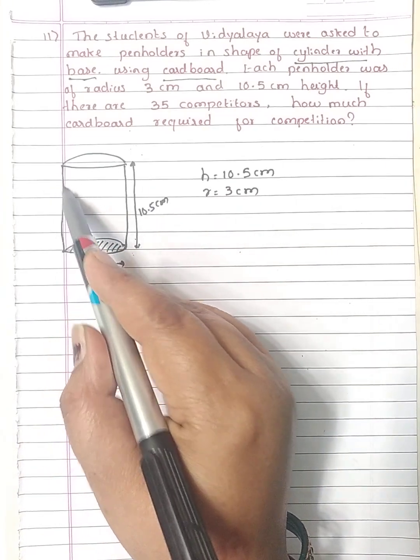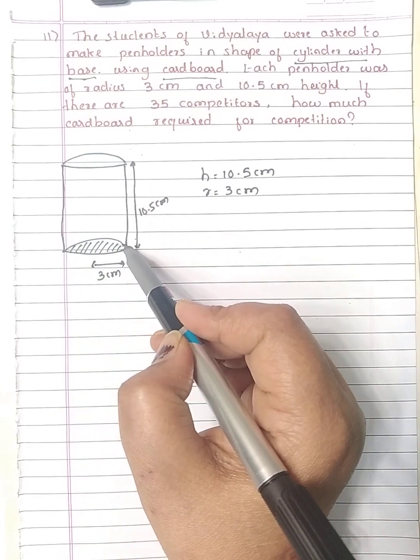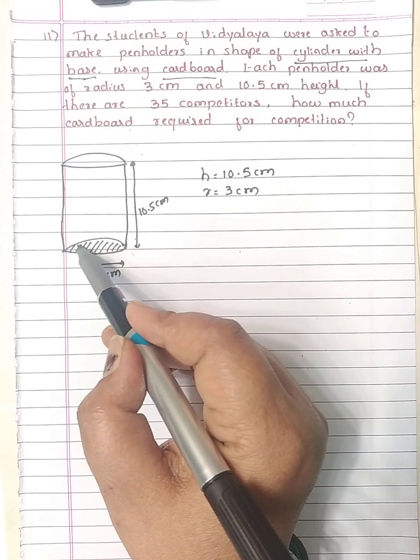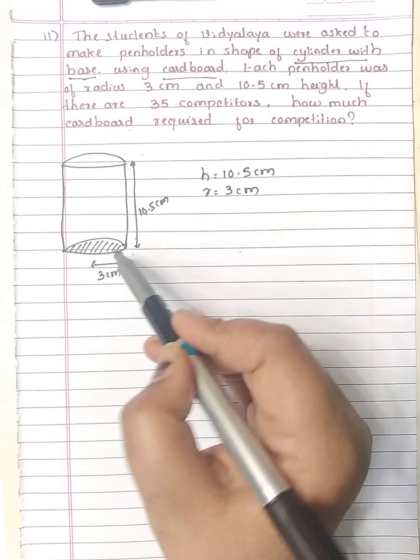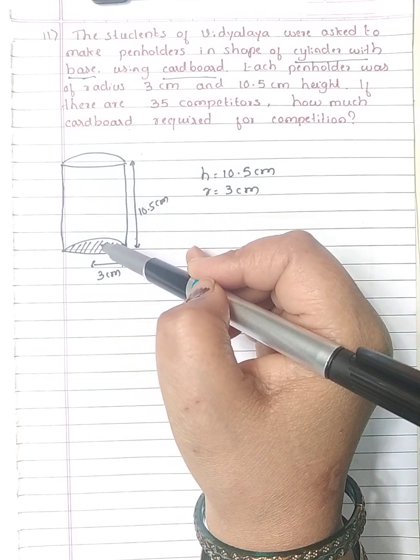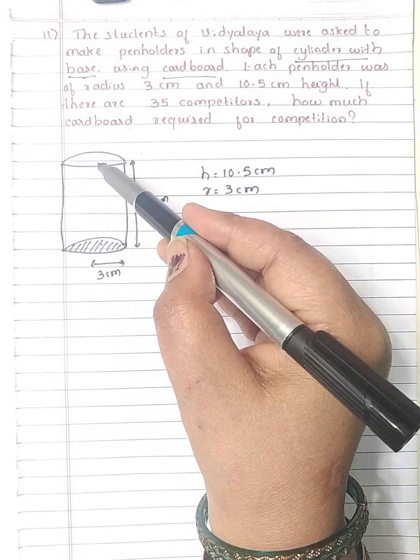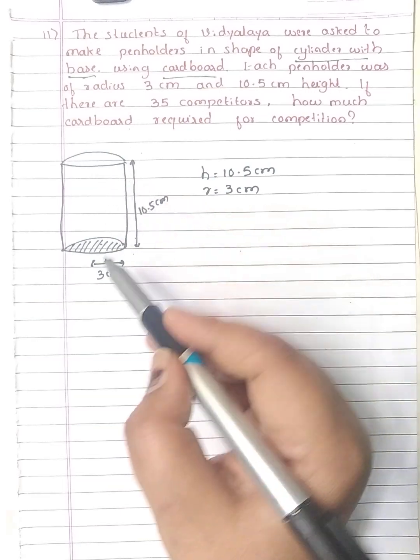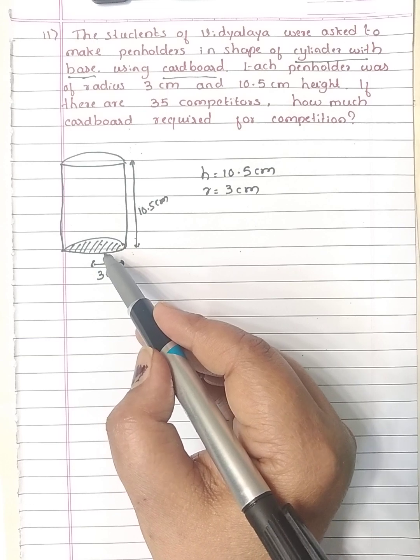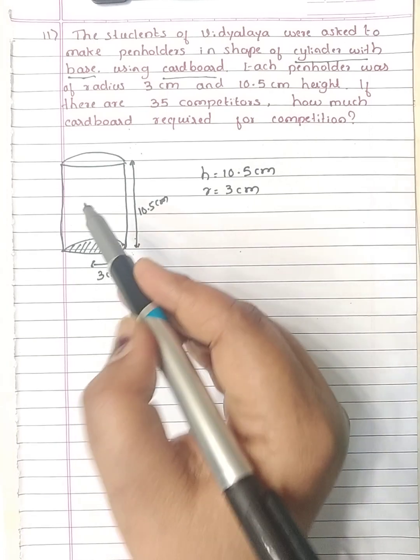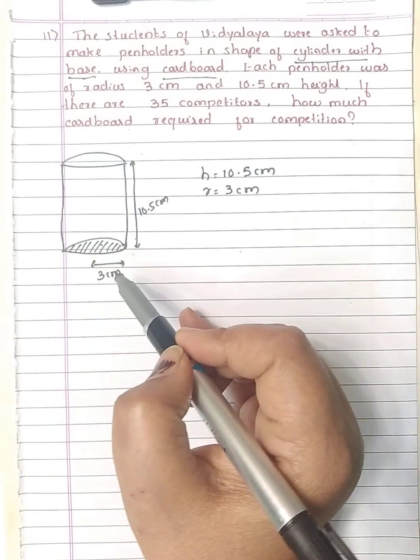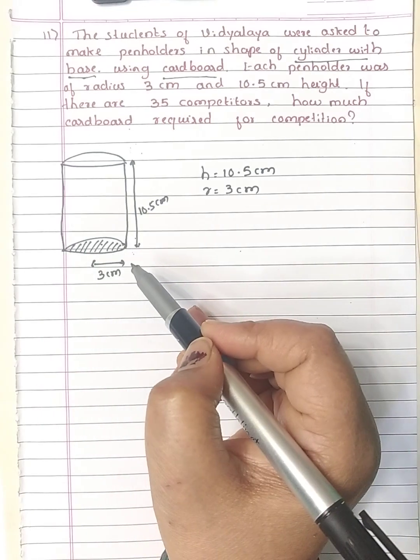First we find the curved surface area, then add the area of this only one circle. If both top and bottom are closed, we use the total surface area formula. Here only the bottom is closed, so we add the lateral surface area plus the area of only one circle, that is at the base.